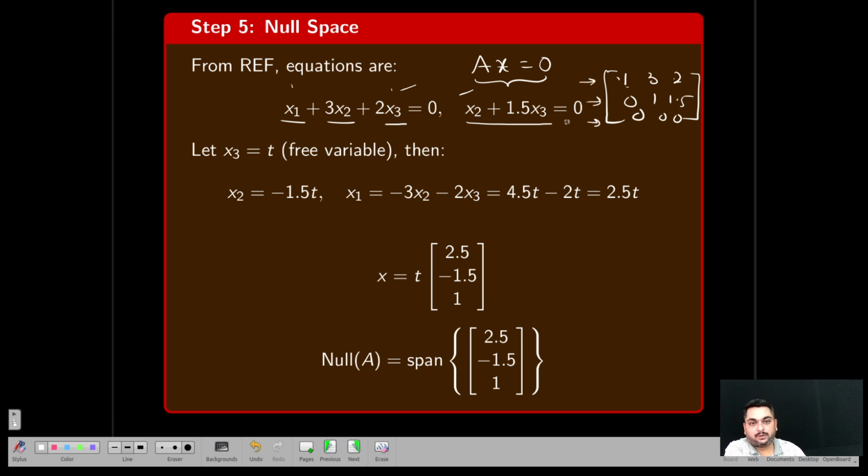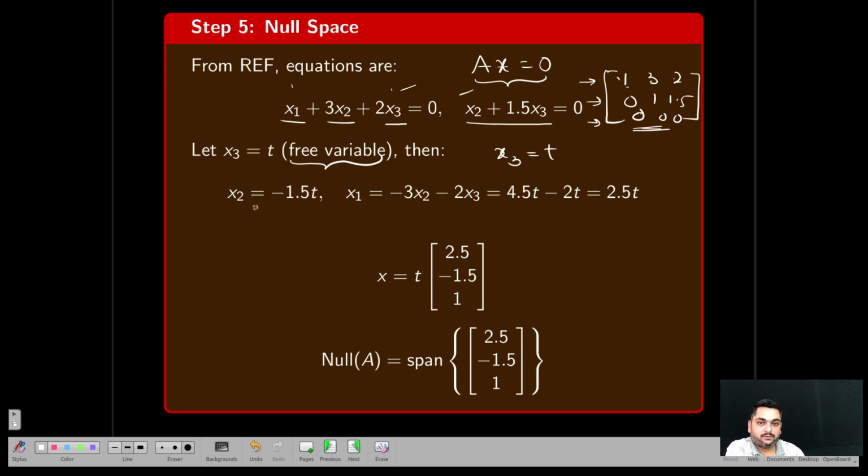This is giving me the free variable, because this row is 0. So I will put x3 equal to t, which is free. Using this I can deduce the solution for these equations.